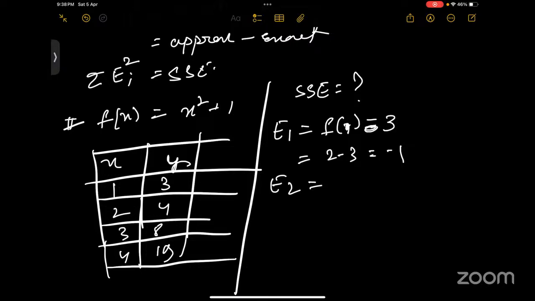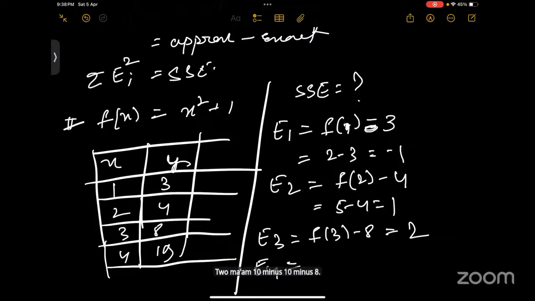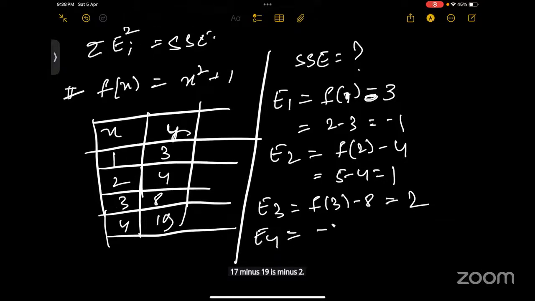It will be 1. f of 2 minus 4, right? So that means 5 minus 4, it's 1. Next is error 3. 2, ma'am. 10 minus 8. Okay. What is error 4? 17 minus 19 is minus 2. Okay. So what will be the SSE then? Square of the errors under root, right?